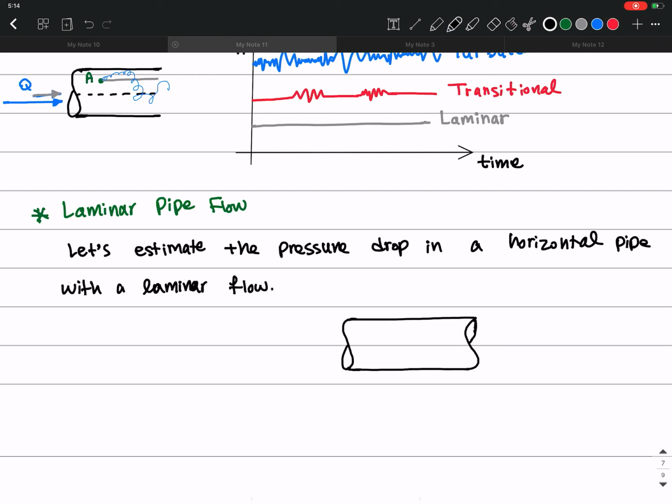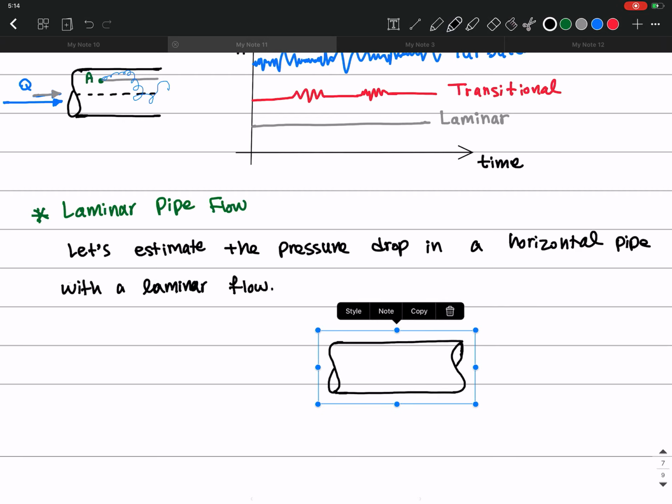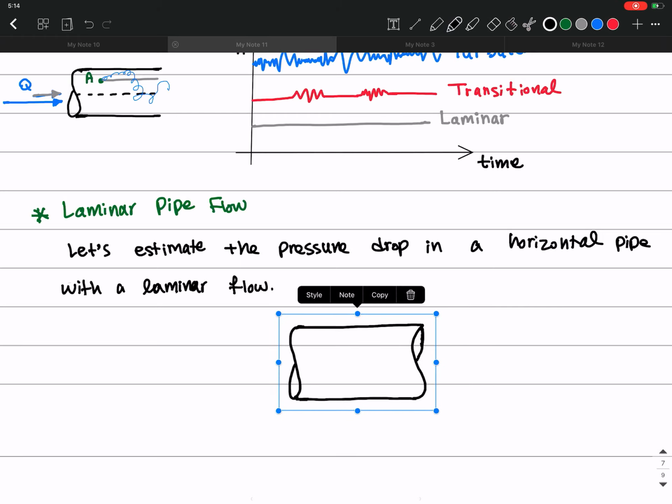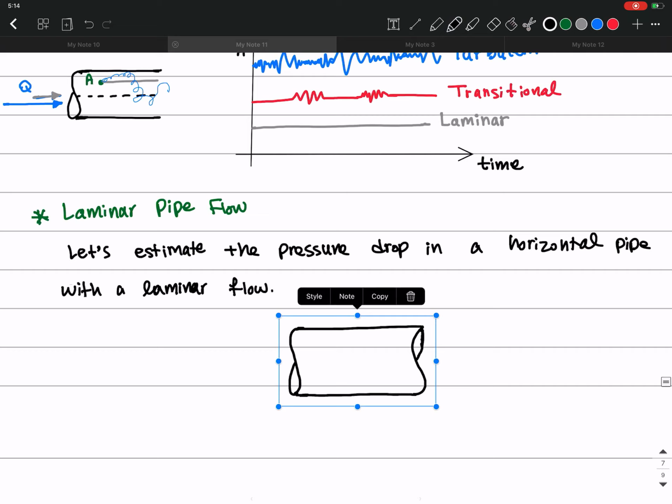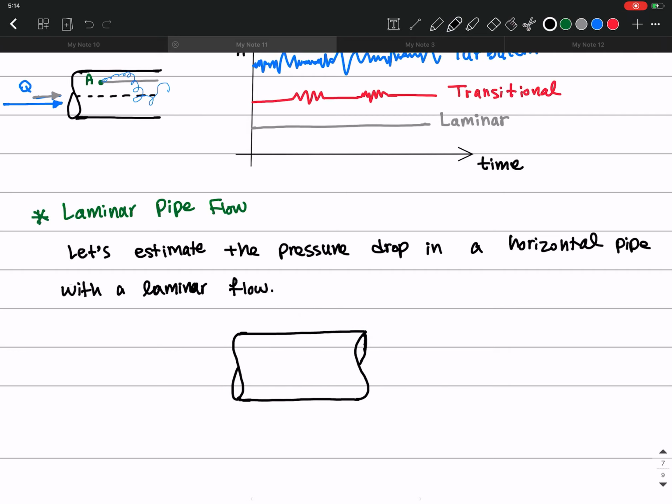So here we have a pipe. Here is section 1 and here is section 2. It has a diameter d and a length L. And then the velocity of the fluid in the pipe is V, and it has a viscosity of mu.